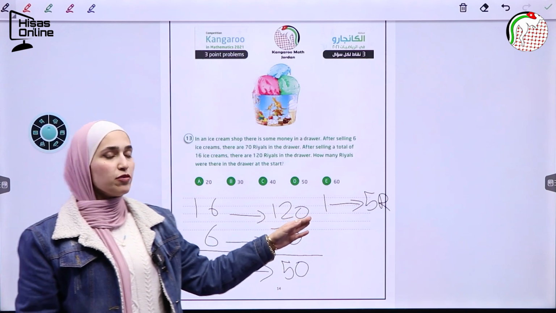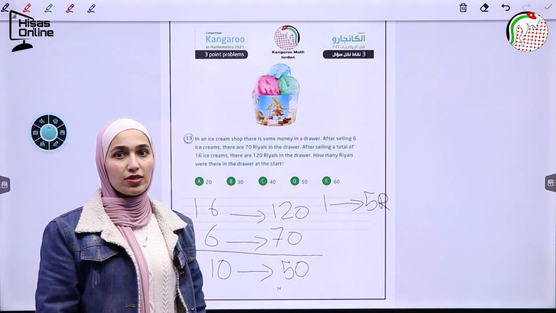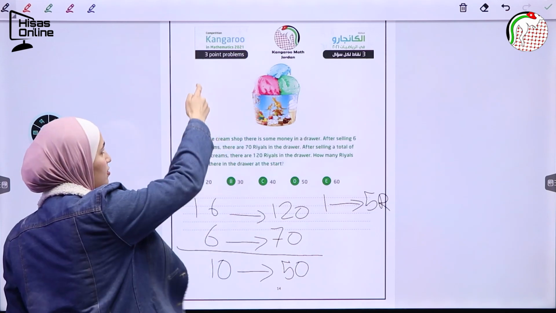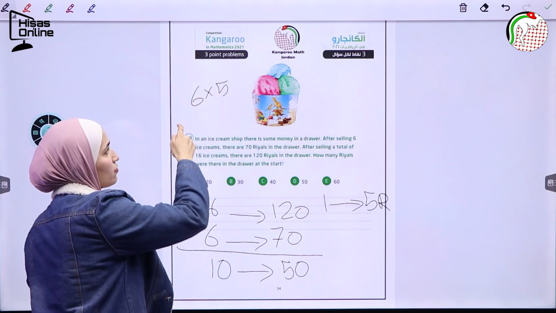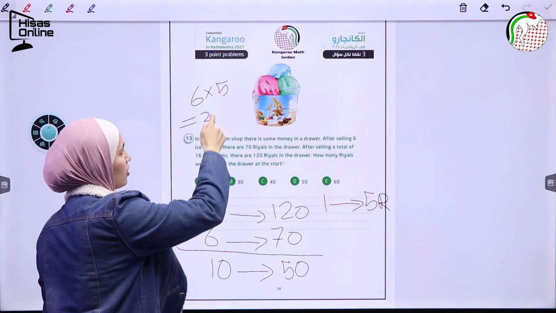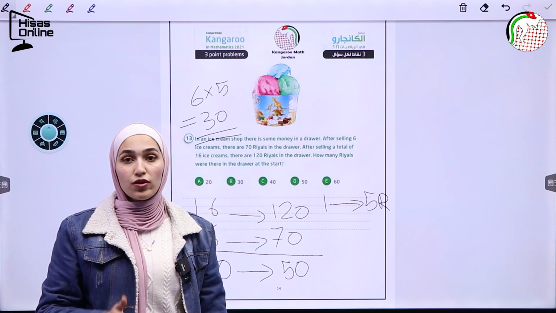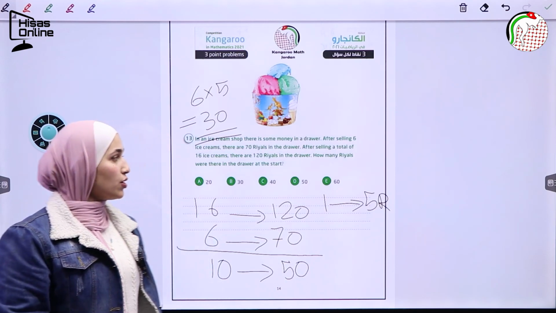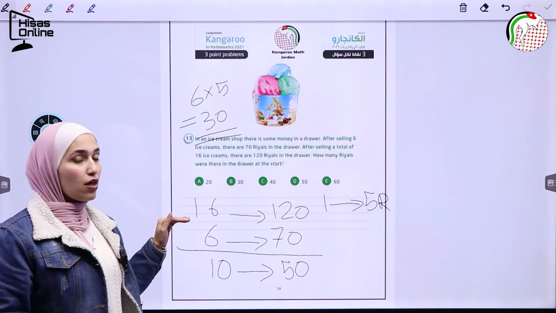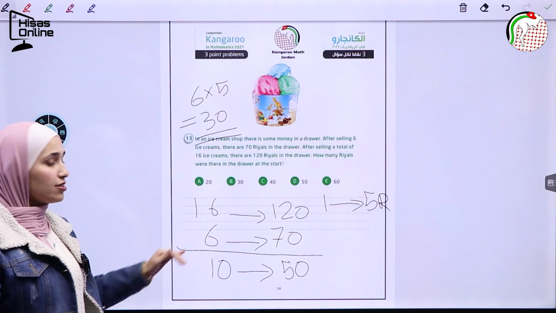If 1 ice cream price is 5 reals, what is the price of 6 ice creams? Excellent. 6 times 5 equals 30. So this is the price of 6 ice creams. Now we know that there were 70 reals in the drawer after selling 6 ice creams.